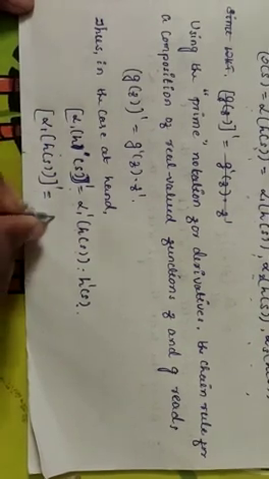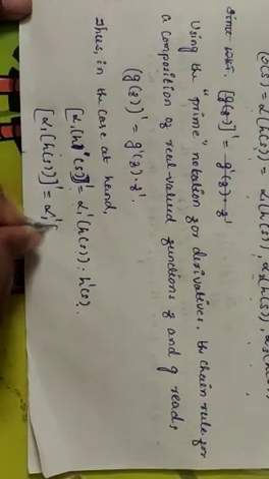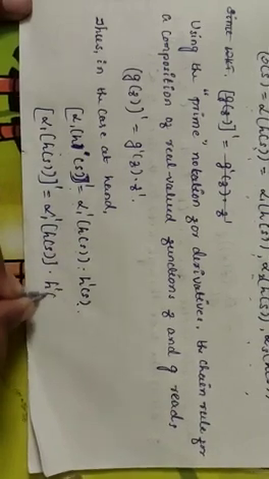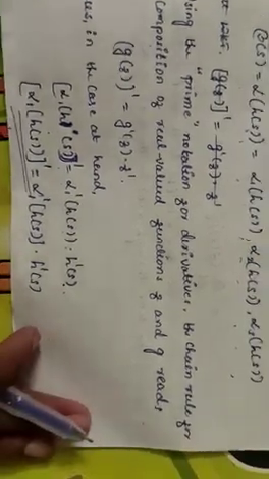So by using the chain rule, we write this as alpha 1 dash of h of s into h dash of s. Can we write it like this? Now by using the same chain rule we have to prove this equation.